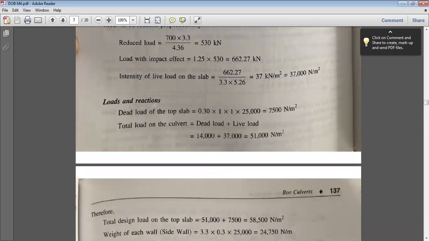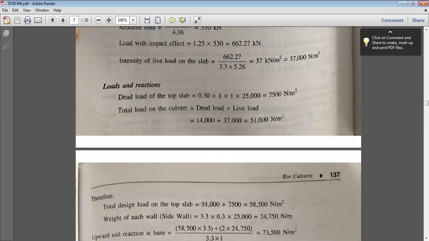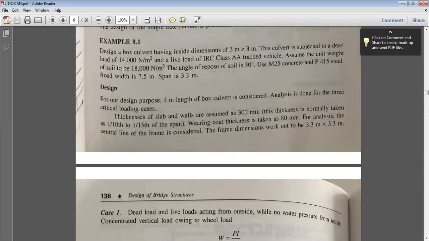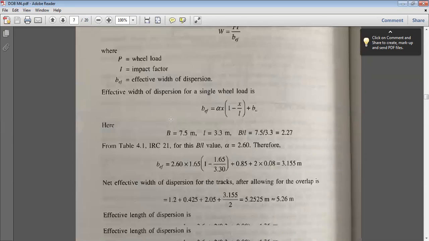Next, loads and reactions. Dead load of the top slab: 300 mm is the thickness, 25,000 is the density of RCC. It will give you 7,500 Newton per meter square. Total load on the culvert is now dead load plus live load. So the dead load he has given you as 14,000 Newton per meter square, which is acting on the box culvert.